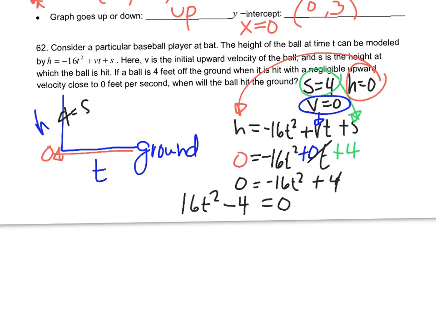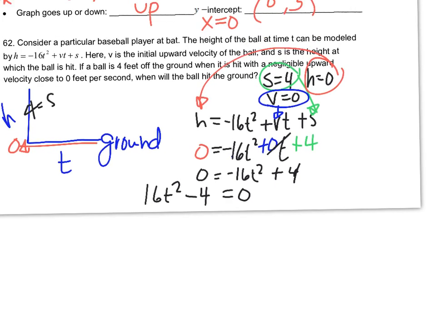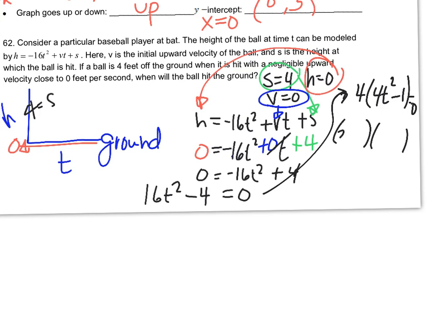From there, I am going to move over here, and I'm going to factor out a 4. So I'm going to get 4t squared minus 1 equals 0 still. And that means that I can factor some more. So I'm going to have 2t plus 1 and 2t minus 1.